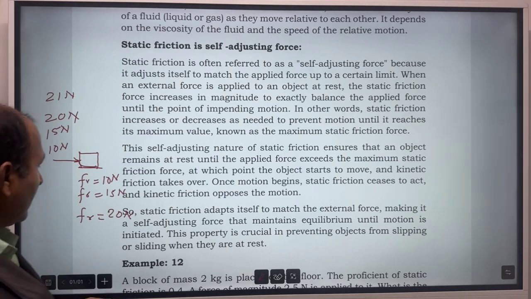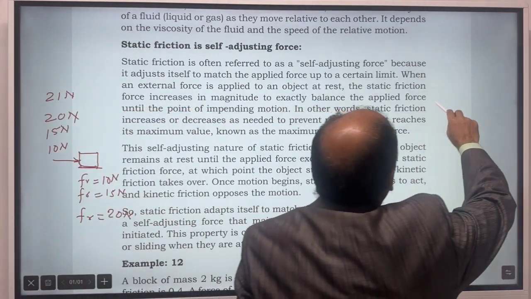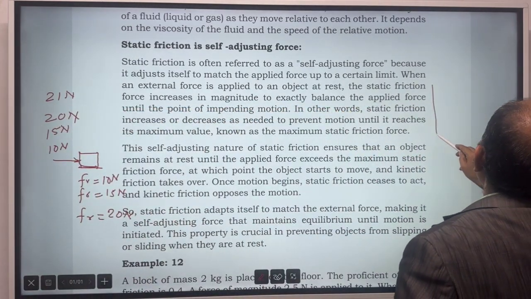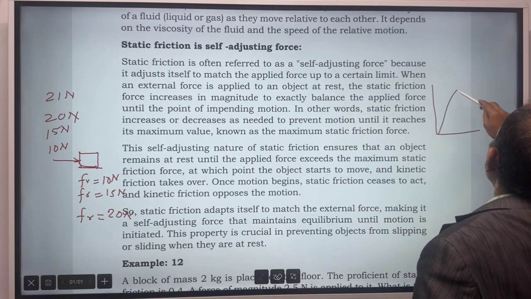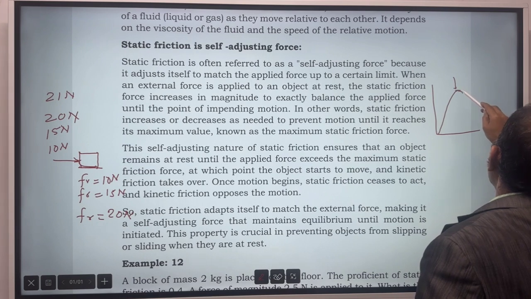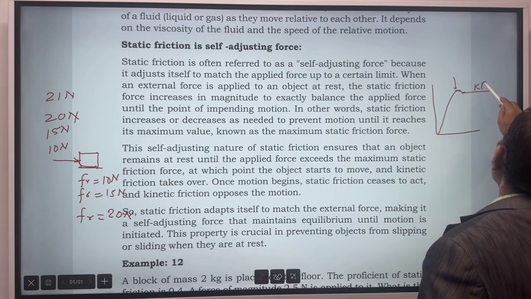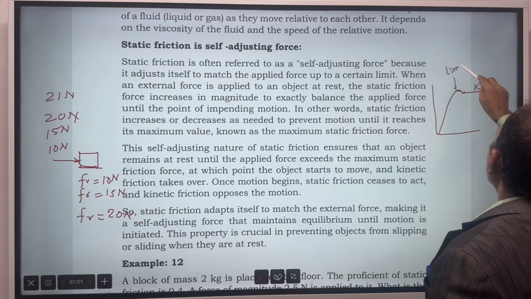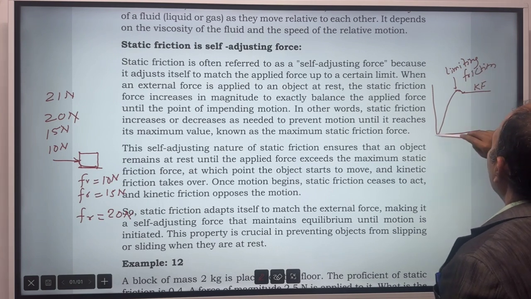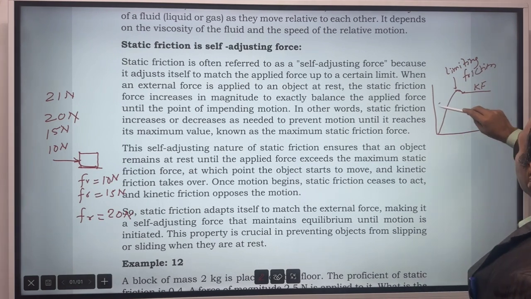So through graph, if you see it, so you will notice that it will be like this, and after reaching a peak, this will be limiting friction, then body starts moving and friction reduces, and then here this is kinetic friction. So this is limiting friction, which is highest value of static friction.